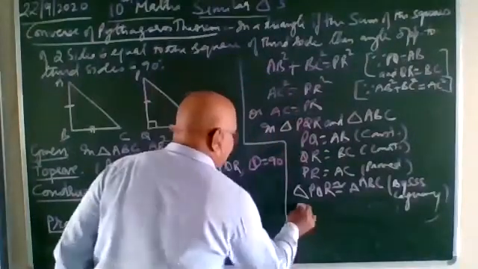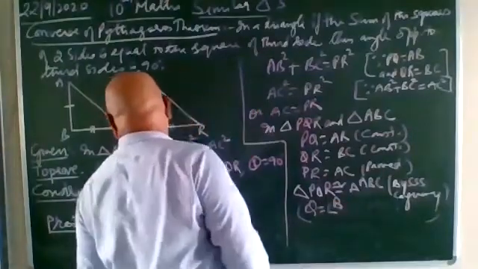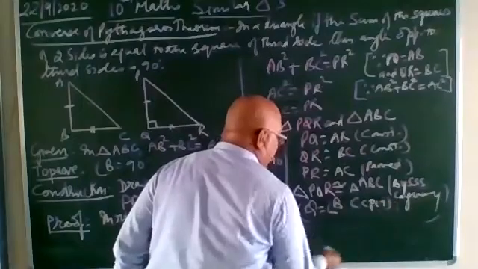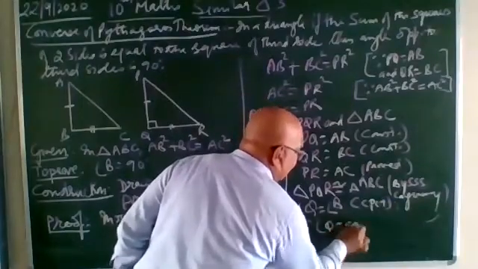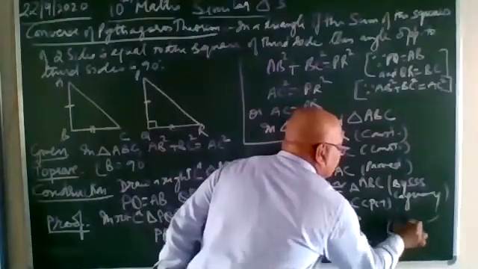So what you will say? Angle Q equal to angle B by CPCT. Angle Q is 90 degree. Therefore, angle B is 90 degree.